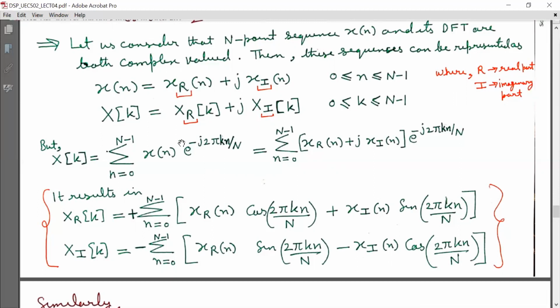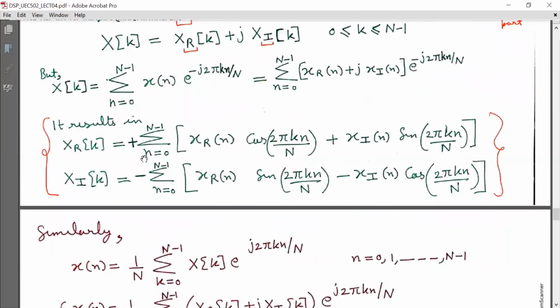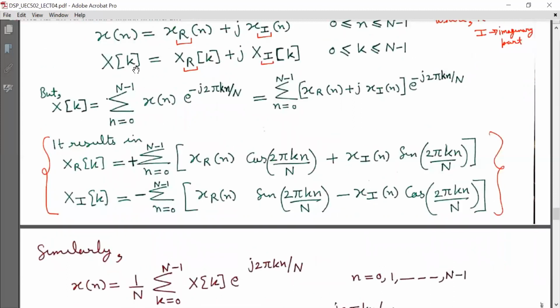Now, capital X(k) we all know is equal to summation n running from 0 to N minus 1 of x(n) e raised to power minus j 2 pi kn by N. Now instead of x(n) I will substitute x_R(n) plus iota x_I(n) here, and by mathematical calculations I will find these two relations: the real part of X(k), that is X_R(k), is this, and the imaginary part of X(k), that is X_I(k), is this.